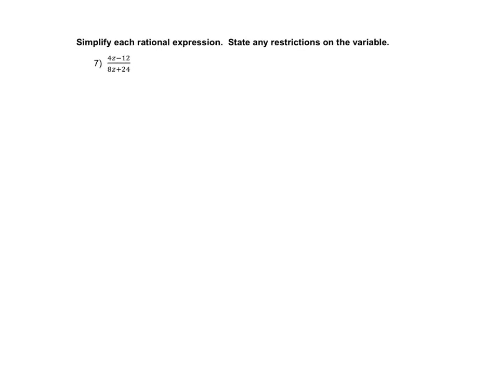Okay. So for this part, I want to simplify each rational expression, and I want to state the restrictions of the variable. In this case, I'm going to start by factoring out. I'm going to check if I have a common factor. Between 4 and 12, it's 4.